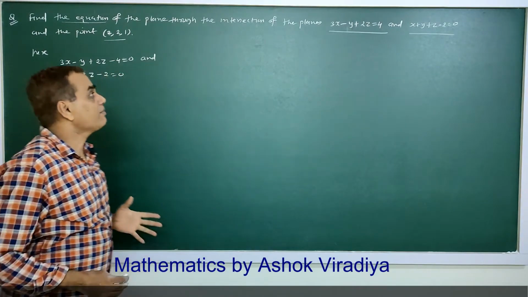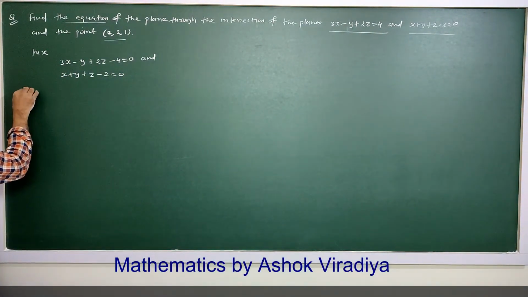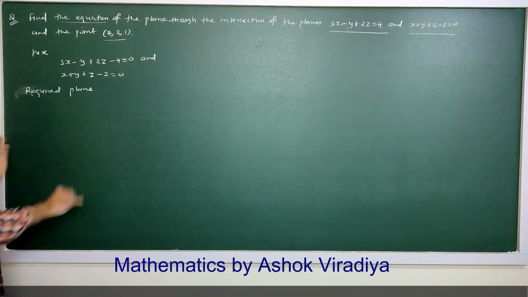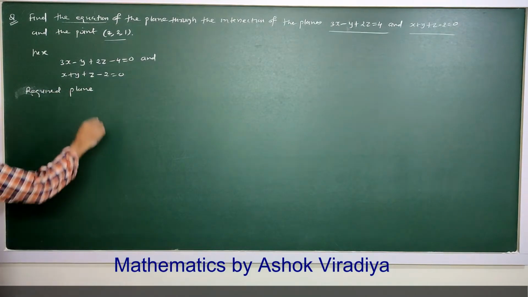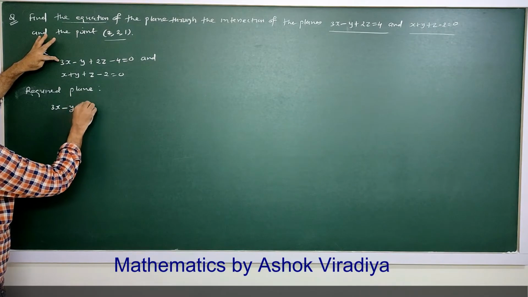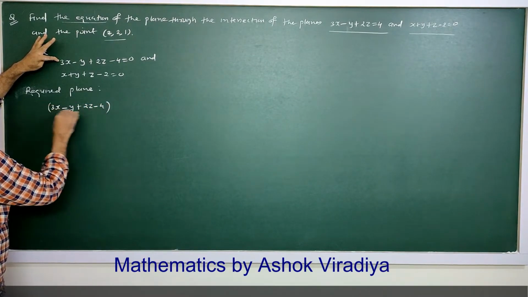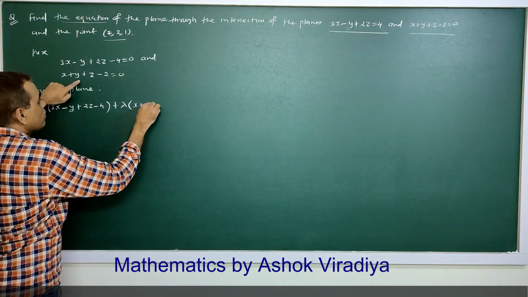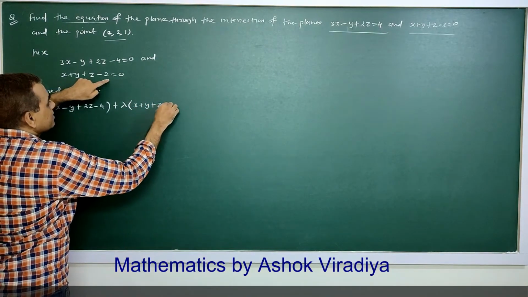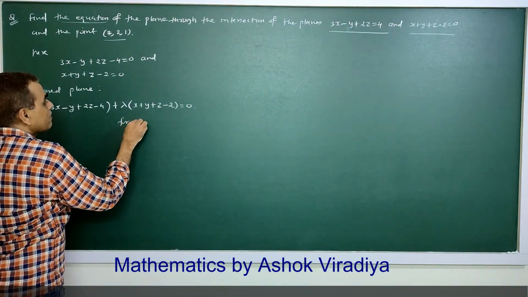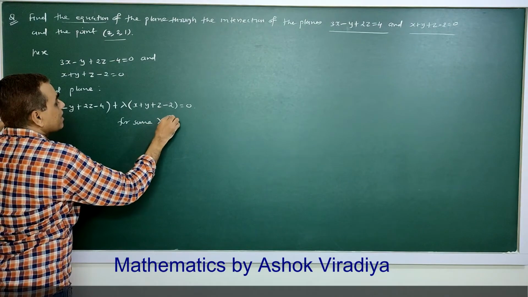Now, the equation of the required plane passing through the intersection of these two planes can be obtained by a1x plus b1y plus c1z plus d1 plus lambda times (a2x plus b2y plus c2z plus d2) equal to 0, for some particular value of lambda.